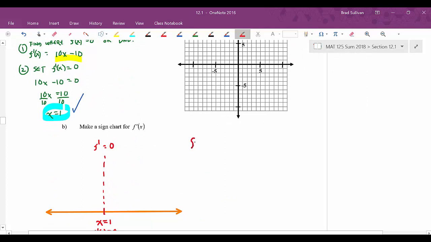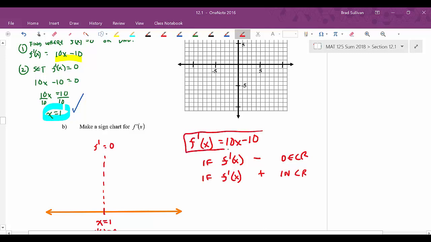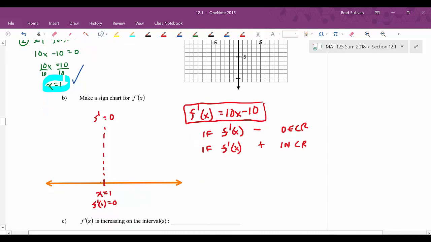So that derivative, f prime of x, is equal to 10x minus 10. And we're going to look at where it's positive and where it's negative. If the first derivative is negative, then the function is going to decrease. If the first derivative is positive, then the function is going to increase. So what we do is take this derivative and use test points. So what I'm going to do is use a test point.